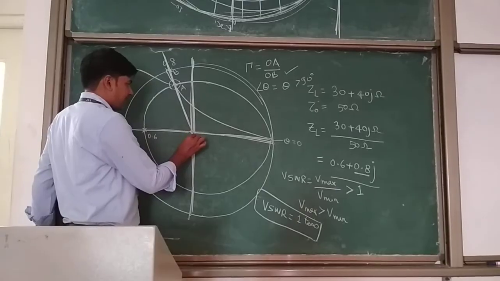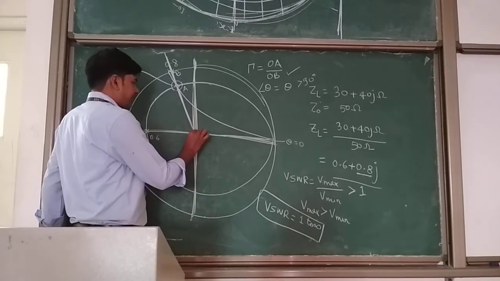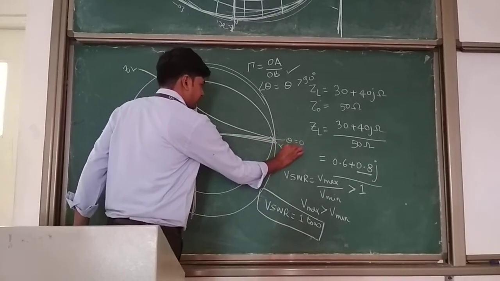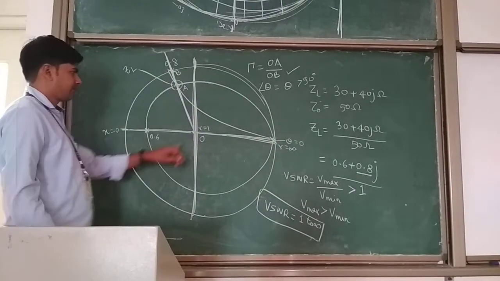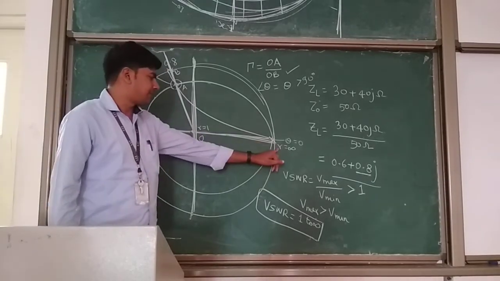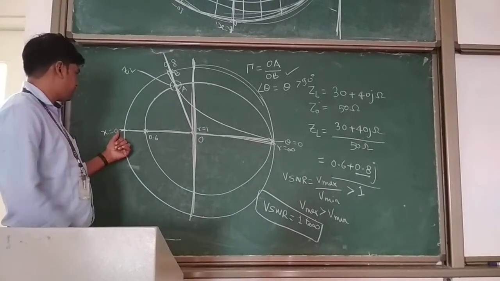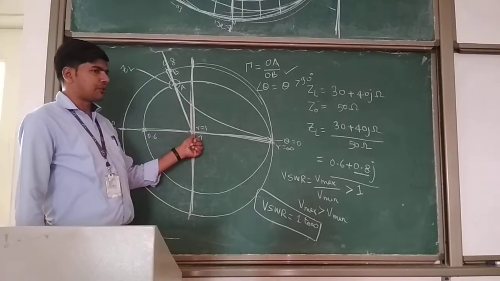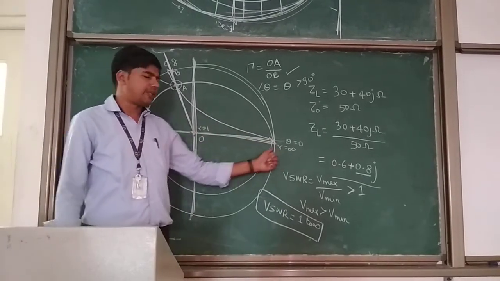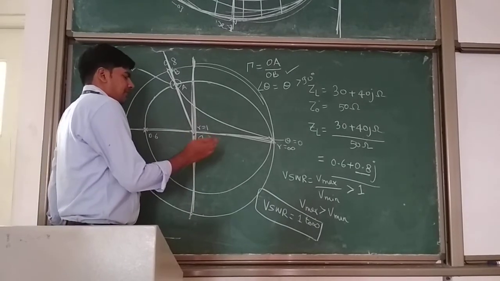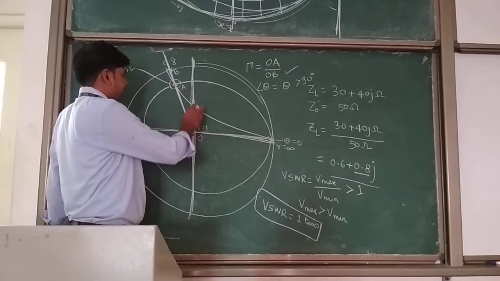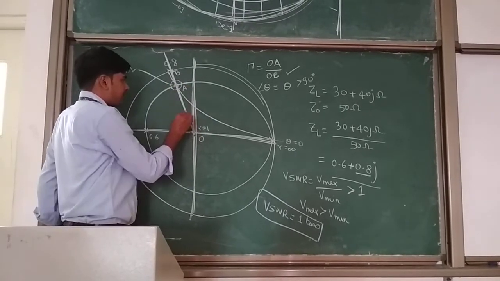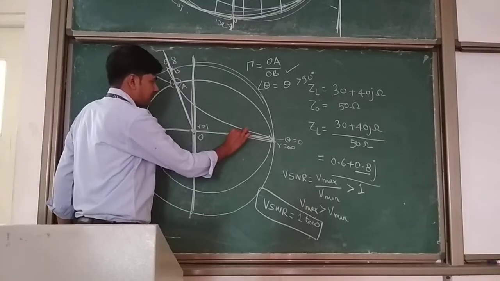You can also find at this center R equal to 1, and at this point R equal to infinity. I already told you, R equal to 0 here, X equal to 0, R equal to 0 here, here R equal to 1, and here R equal to infinity. So you can calculate VSWR by taking this arc OA from the center towards this line.